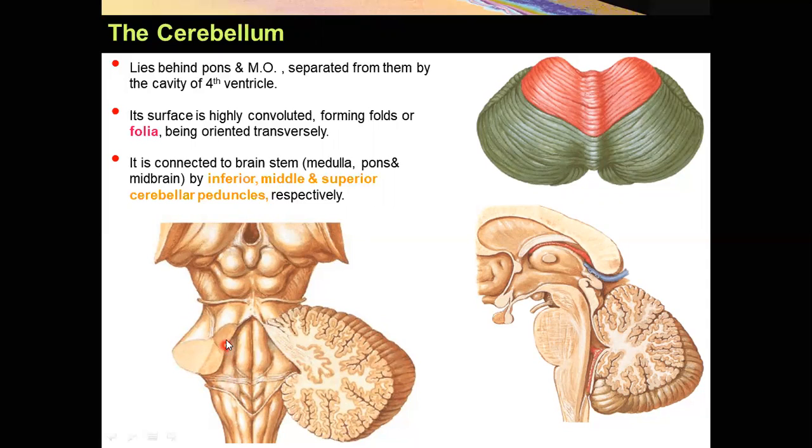Now look here. This is the superior cerebellar peduncle, the inferior cerebellar peduncle, and the middle cerebellar peduncle. The superior cerebellar peduncle connects the cerebellum to the mesencephalon. The middle cerebellar peduncle connects the cerebellum to the pons, and the inferior cerebellar peduncle connects the cerebellum to the medulla.